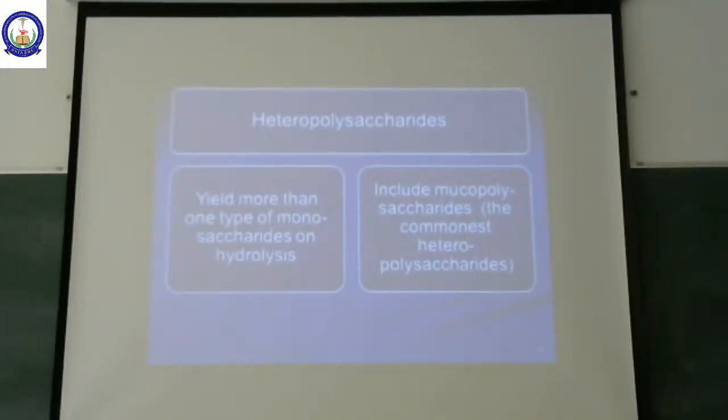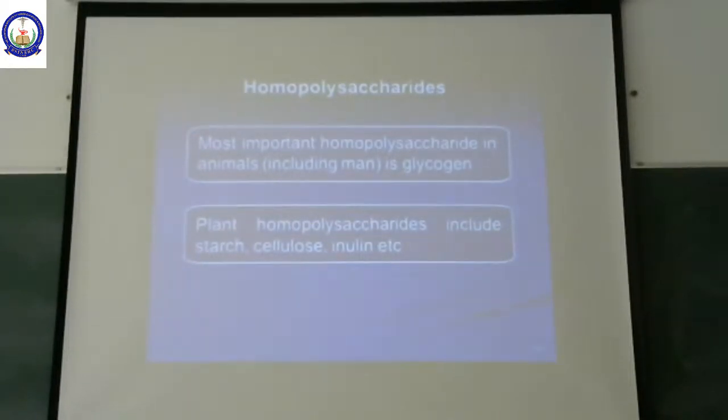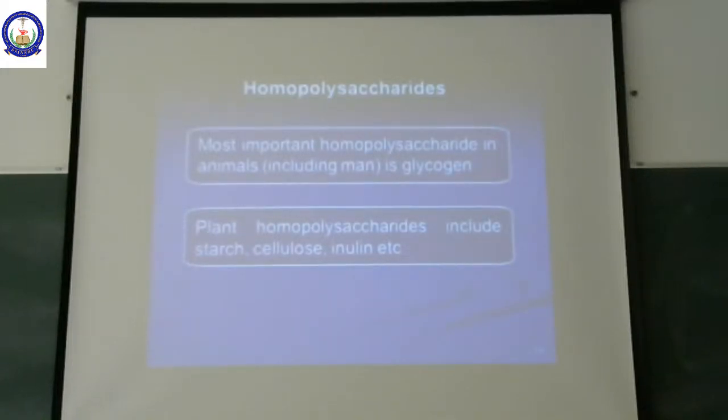Next we learn the characteristic features of the homopolysaccharides. The most important homopolysaccharide is glycogen, which is the storage form of glucose in man. We will study it in the next classes on carbohydrate metabolism.